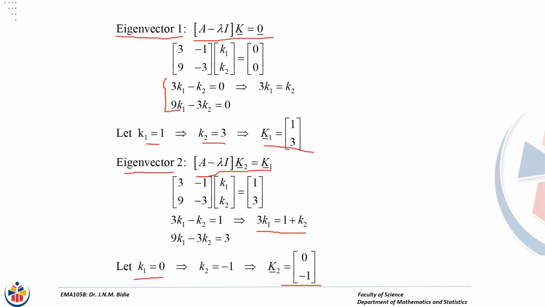So please make sure that you are consistent: if we say k1 is equal to 1, k2 will be 3 minus 1, which is 2, so we have 1 and 2. But if you say 0, then k2 will be equal to -1.